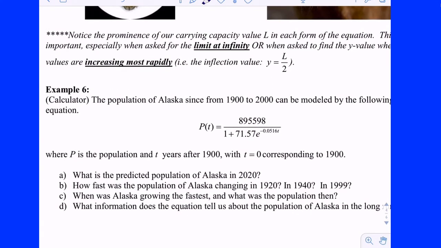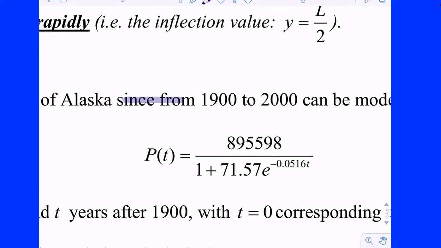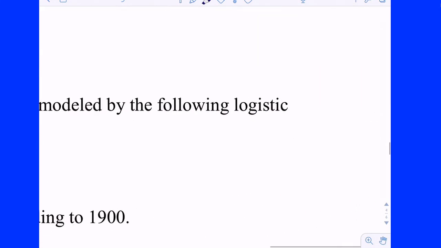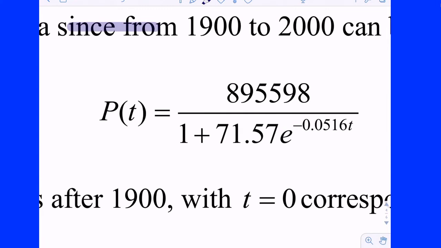The population of Alaska from 1900 to 2000, so over that 100-year period, can be modeled by the following logistic equation. Okay. So notice that P of t is measuring people. t is measuring time in years since 1900.